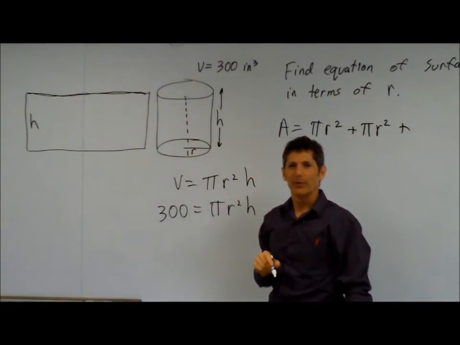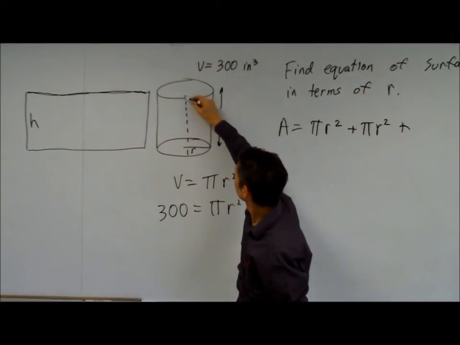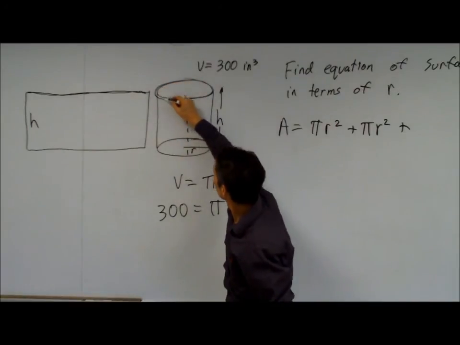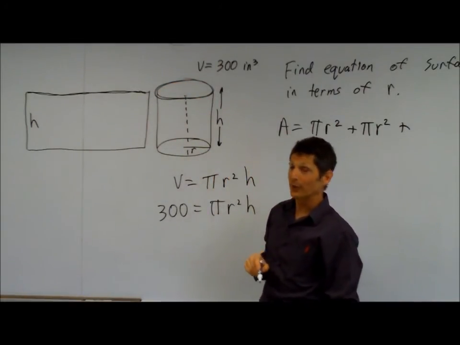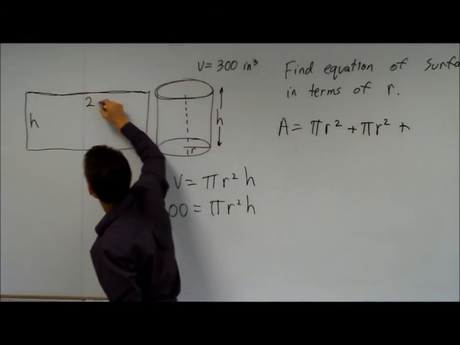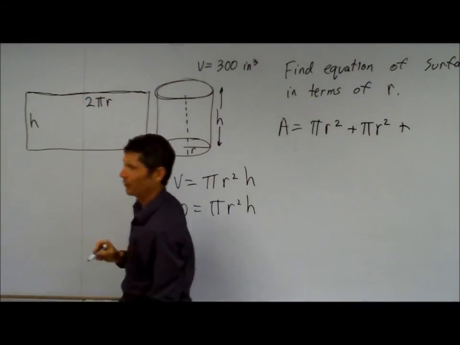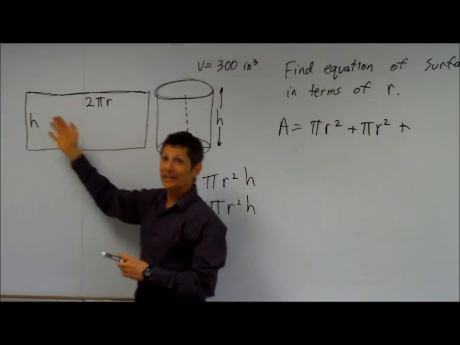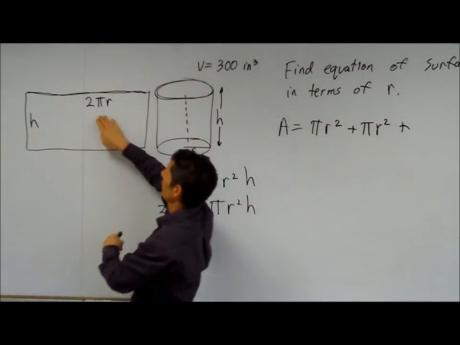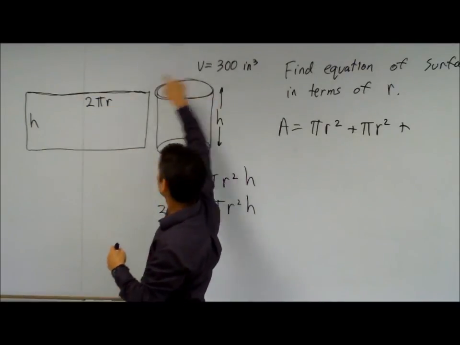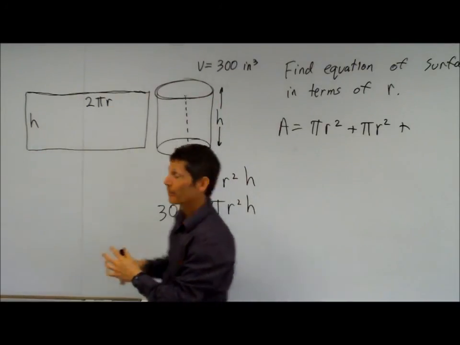Well, what are you thinking, Ms. Stewart? I'm thinking, if you're opening that label, that's exactly right, the circumference. And how do you find the circumference of a circle? 2 pi r. Terrific. The dimension of this rectangle, which is really the side of this can, is the circumference, 2 pi r, times the height.